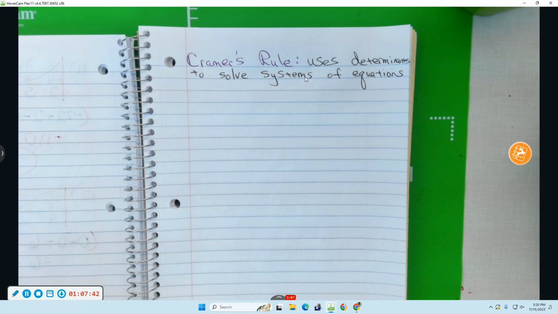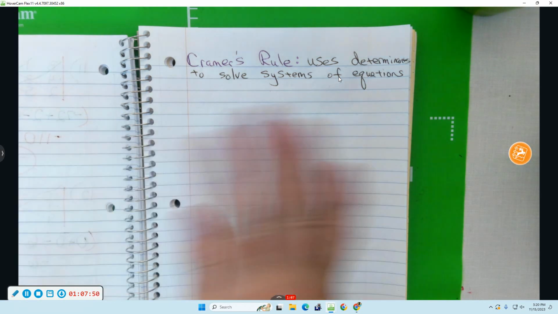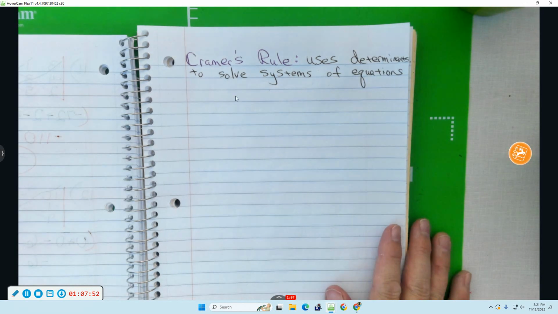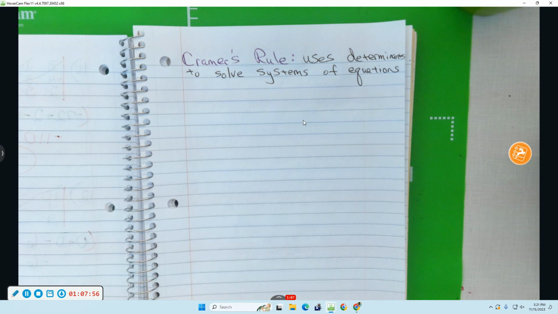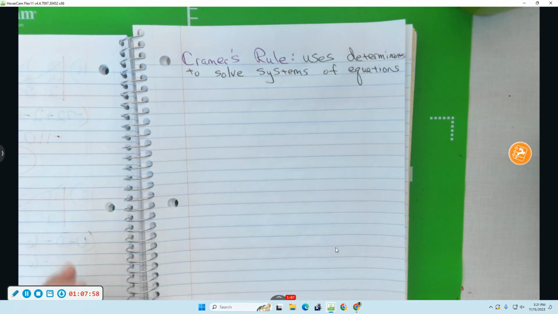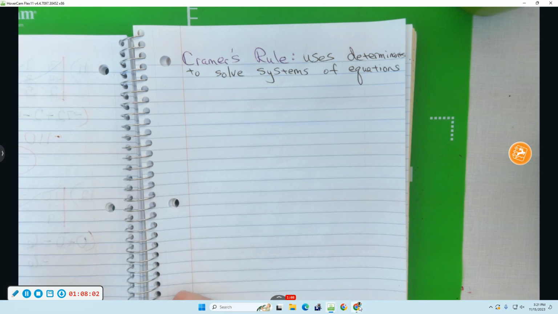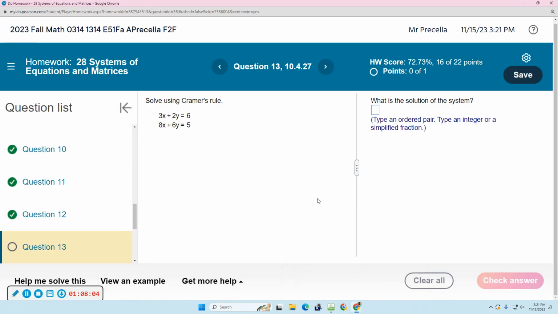It uses determinants to solve systems of equations, and Tony likes to write out a sequence of steps, but I'm not a sequence step writer. Just write out x equals dx over d. I'll do that later. Right now, I'm going to go through Cramer's thought process with them, looking at an example. Let me see that problem. This is number 13.